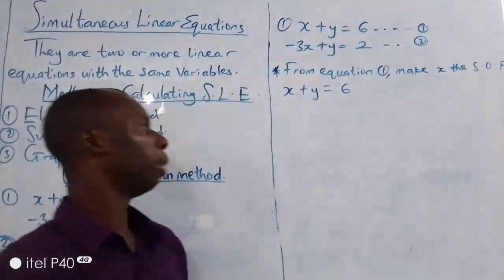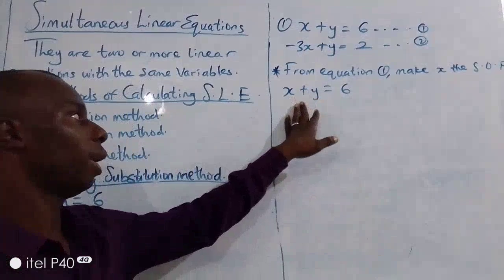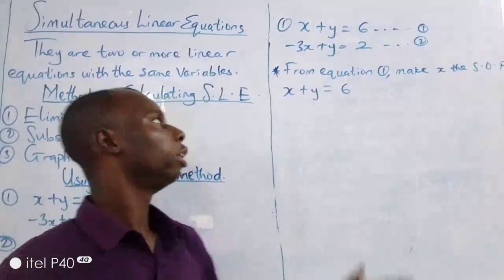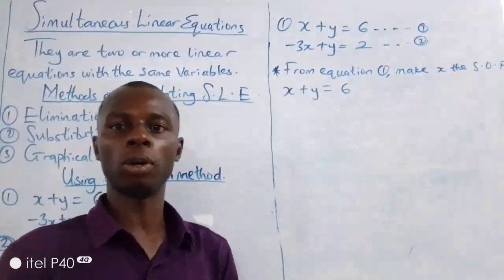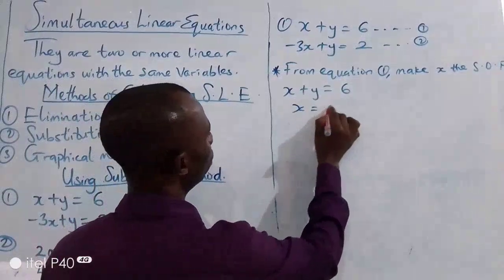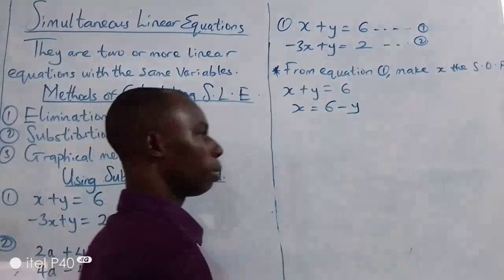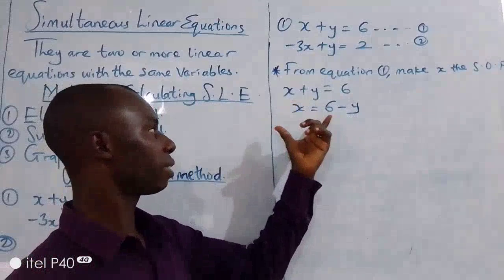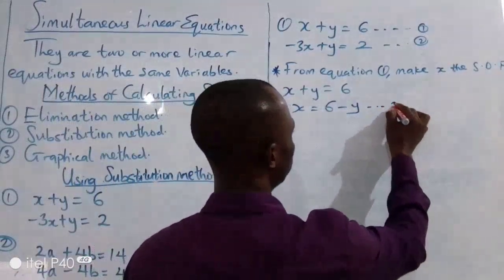Good. So for me to make x the subject of the formula, this plus y will go to the other side. And remember, if a positive leaves and goes to the other side of the equality sign, it becomes a negative. So our x therefore equals 6 minus y. This plus y becomes minus y. With that, I have made x the subject of the formula. So I will call this one equation 3.